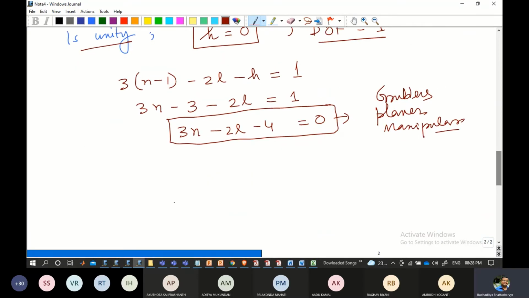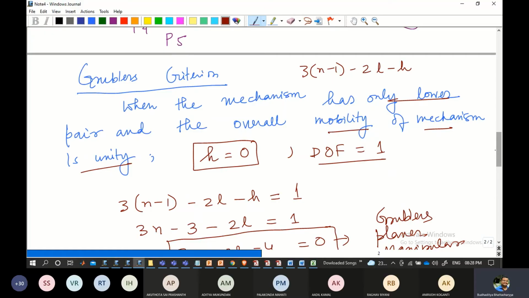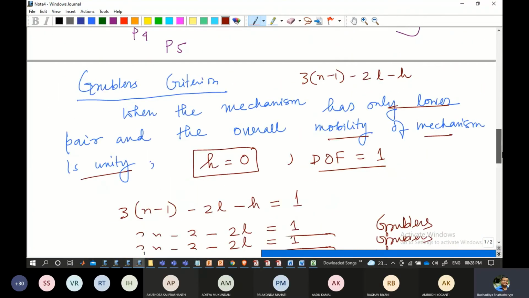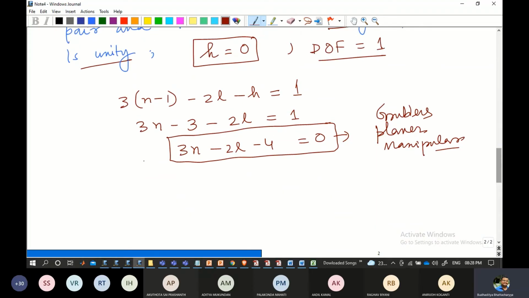Similarly, you can also derive it for the spatial manipulators in the same way, because in that case also the higher pairs will not be present. Only the lower pairs will be present. That can be derived in the same way, which I'm not doing as of now, but on the course page you can get the final expression, which would look something like 6n minus 5p1 minus 7 equal to 0.